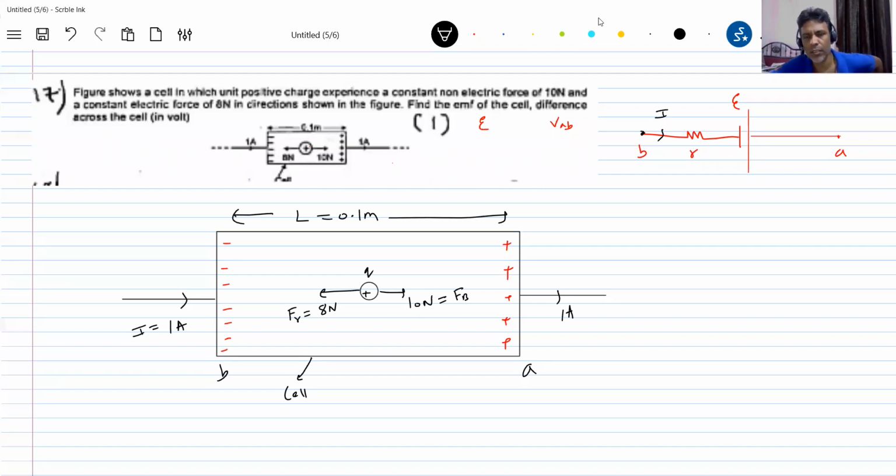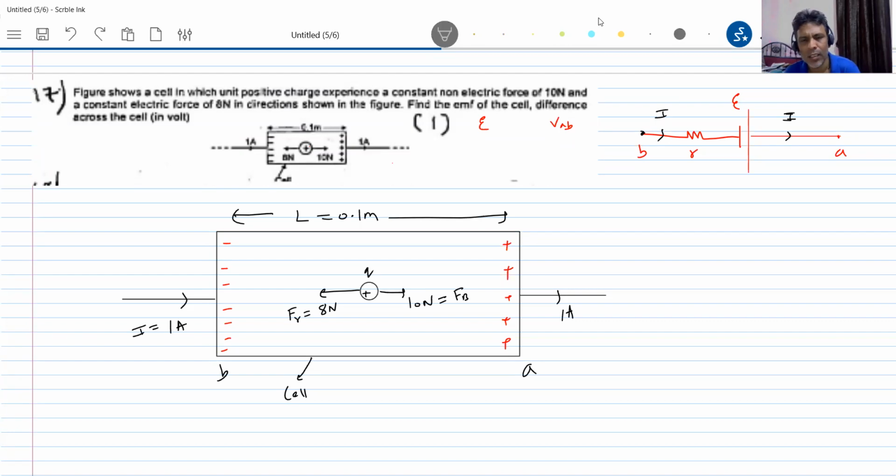What all we have to find out? The applied EMF and the terminal voltage. It's a really good problem for students to analyze. It's telling that the battery force is a non-electric force, as it should be. Now, what is that internal resistance?